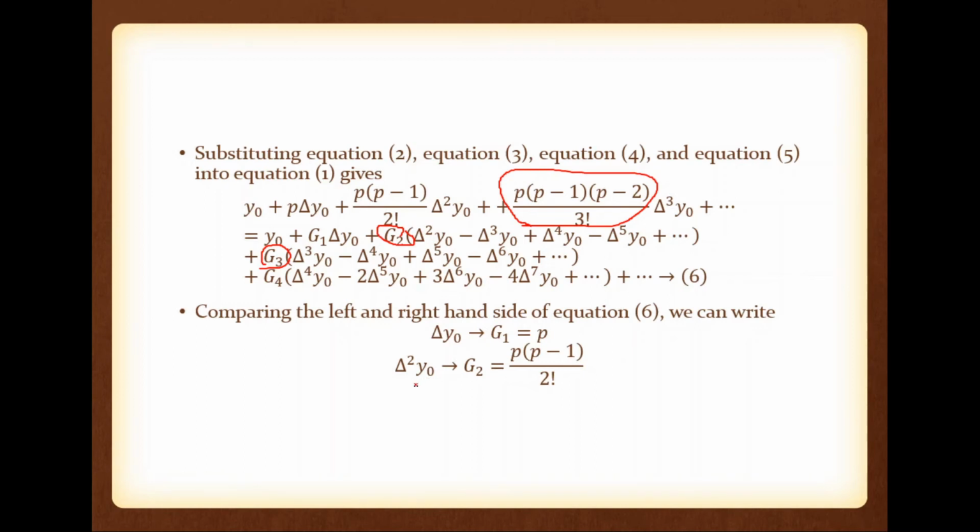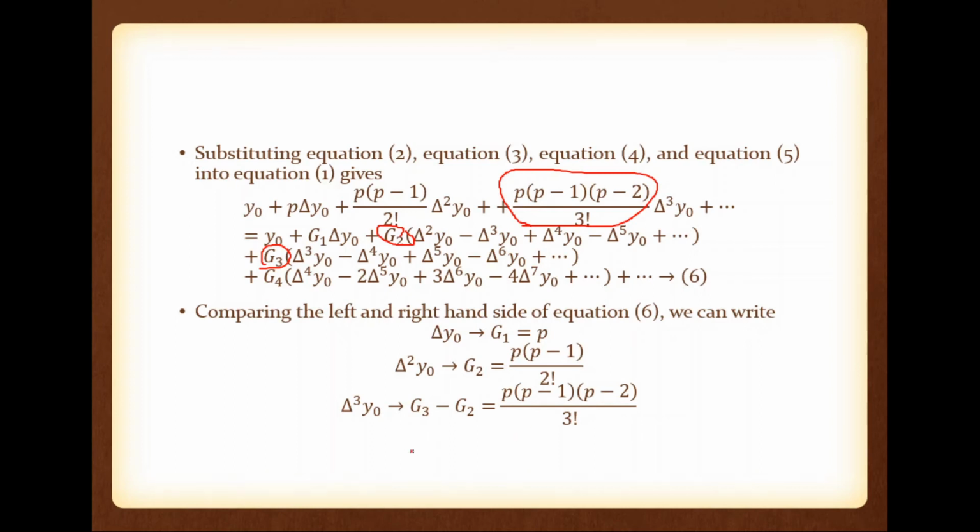So by comparing the coefficients of delta cube y0, g3 minus g2 is equal to p into p minus 1 into p minus 2 divided by 3 factorial. We already have g2, g2 is p into p minus 1 divided by 2 factorial.